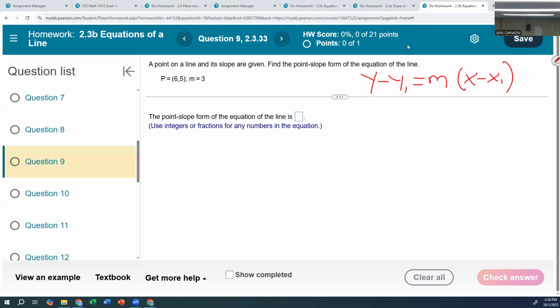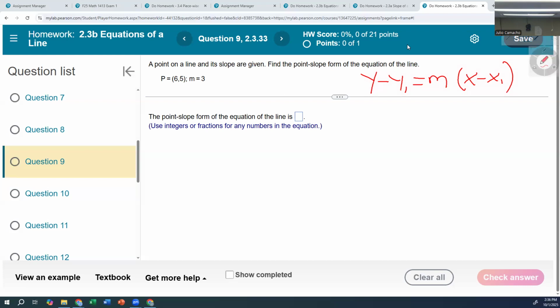The only thing they are asking for in question number 9 is to write the point-slope form of the equation of line S, with the data they give you. You don't have to find an answer.